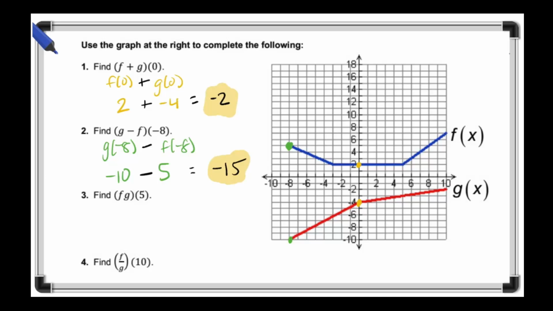Okay, for the next one, we're doing f of 5. You get that answer, and you're going to multiply it by g of 5. So f of 5 right here is 2, and 2 times g of 5, which is negative 3, with your final answer being negative 6.